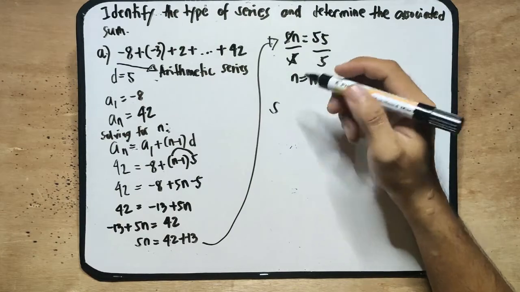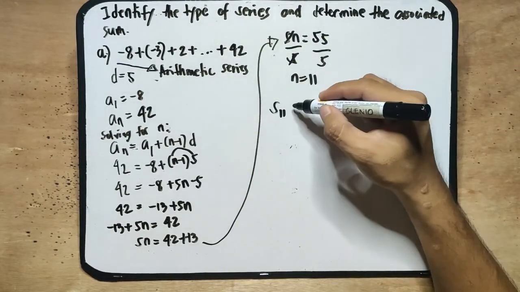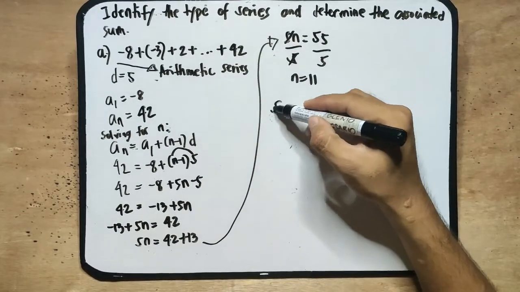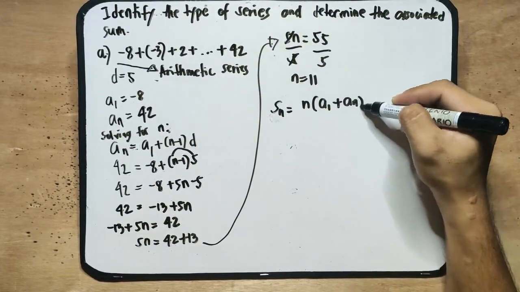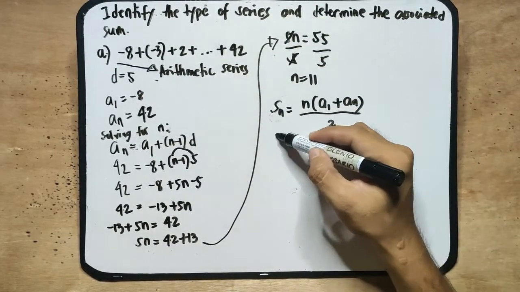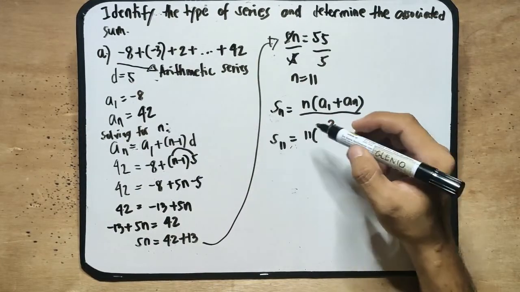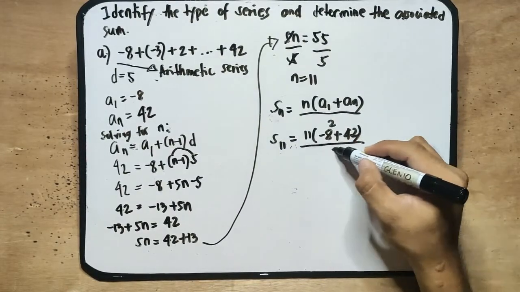So for us to identify the sum of this series, we have S sub 11. We use this formula, S sub n is equal to n times (a sub 1 plus a sub n) all over 2. So n is 11, so S sub 11 is equal to 11 times (a sub 1 is negative 8, a sub n is 42) all over 2.